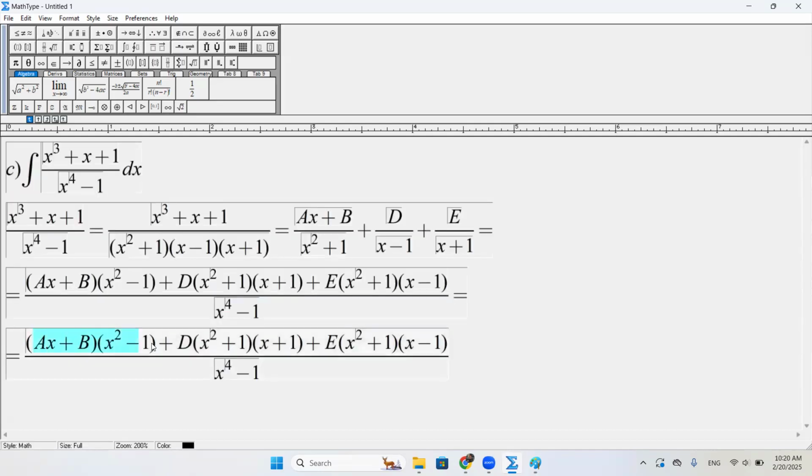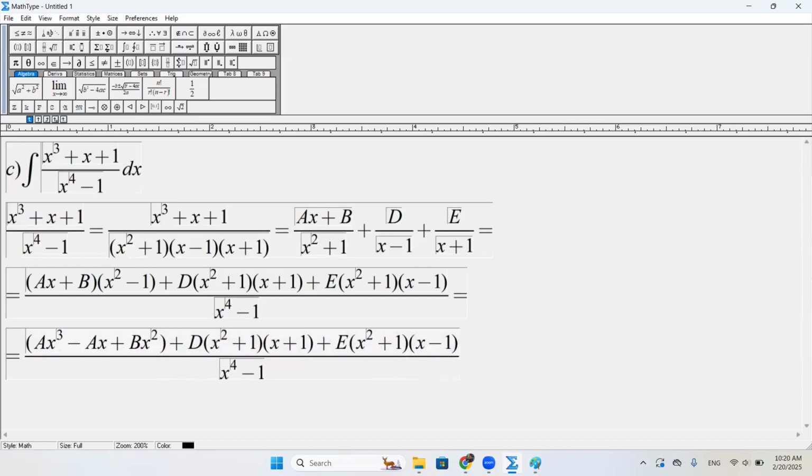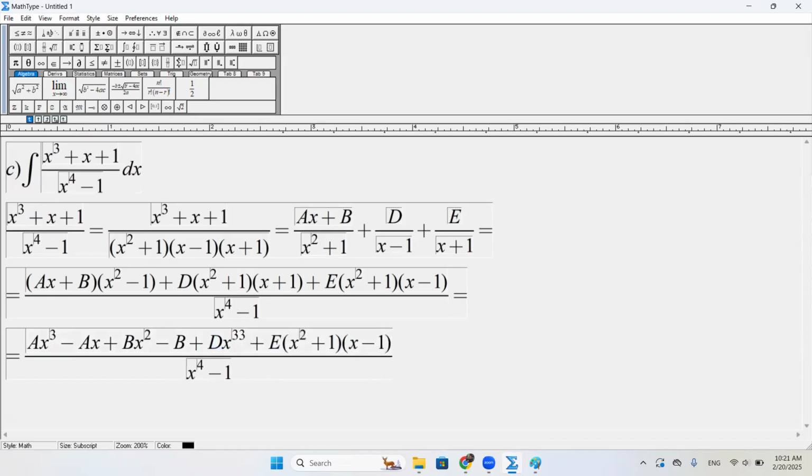We receive ax cubed minus ax plus bx squared minus b, plus dx cubed plus dx squared plus dx plus d.